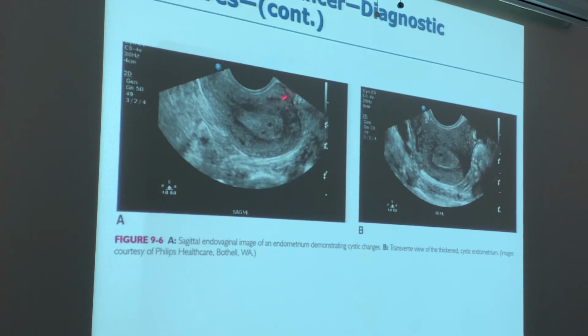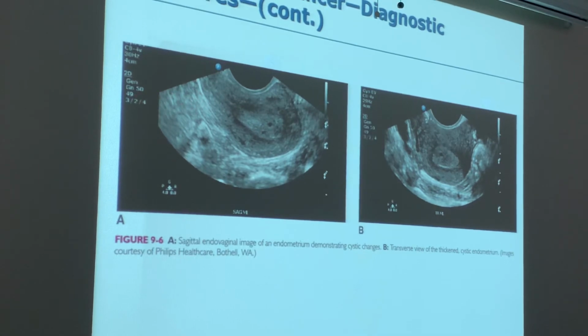Here is a transvag on a uterus that is opposite, because here's my cervix over here, so it is either retroflexed or retroverted. Which one is this one? Retroverted, because there's not a bend at the cervix.